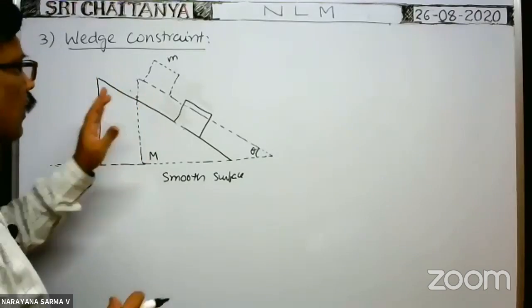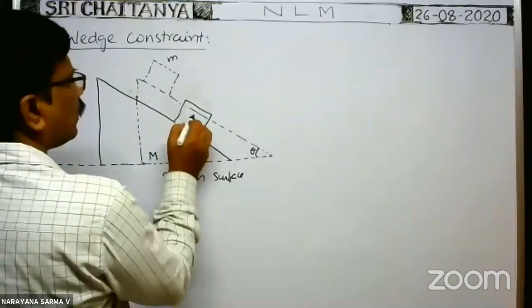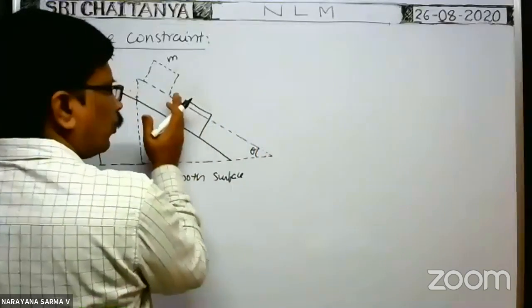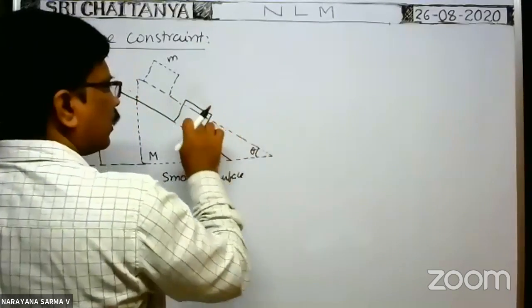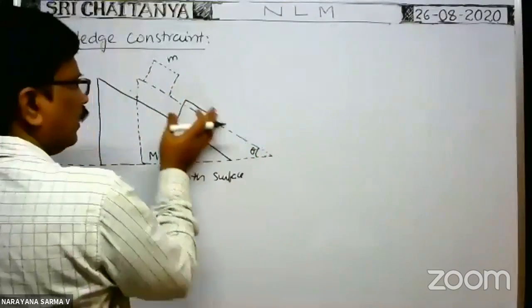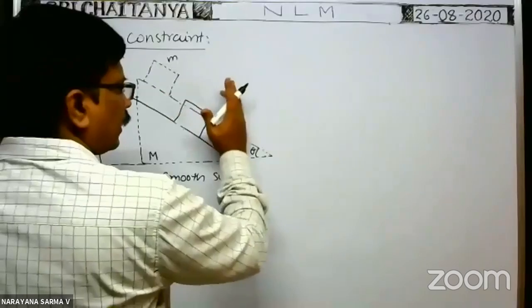At the same time, the normal force acts on this block in this direction, so its component acts in this direction. Due to that, it moves along the horizontal direction, and at the same time, because of the weight component, the weight component pulls the block along the incline downwards. That's why it moves downwards and it is also traveling in the forward direction.